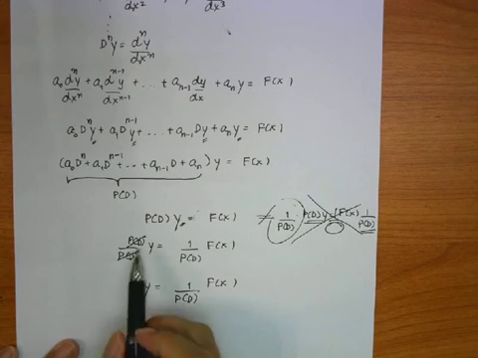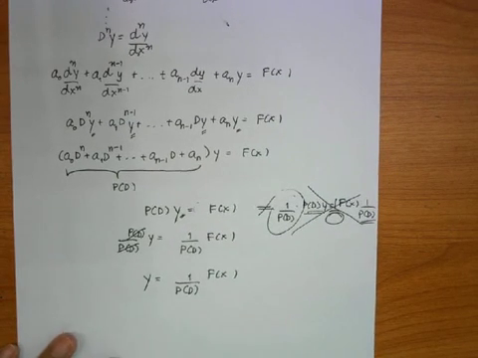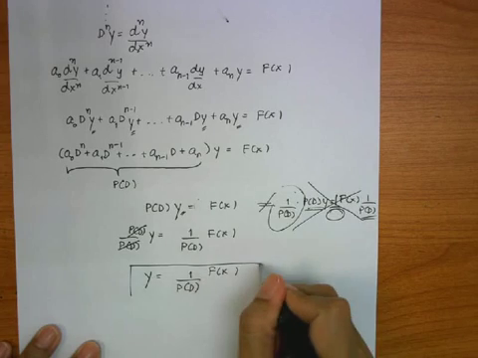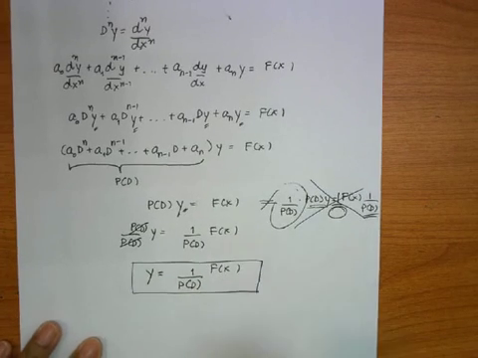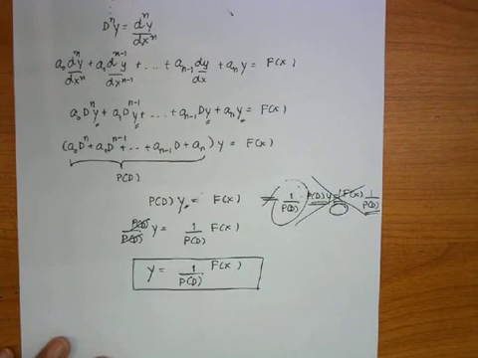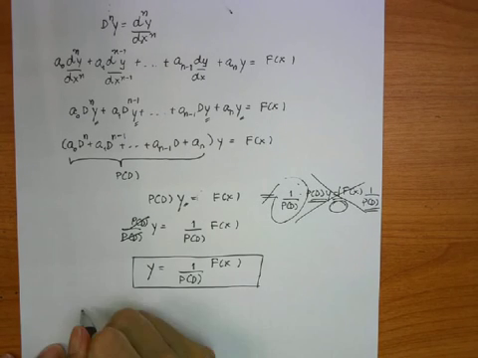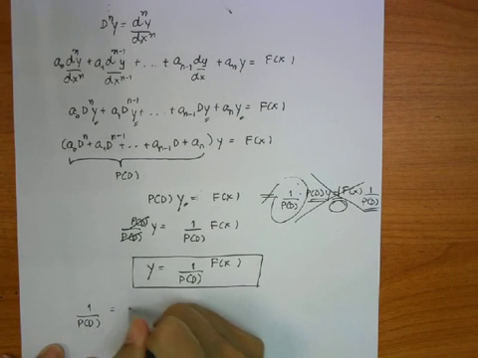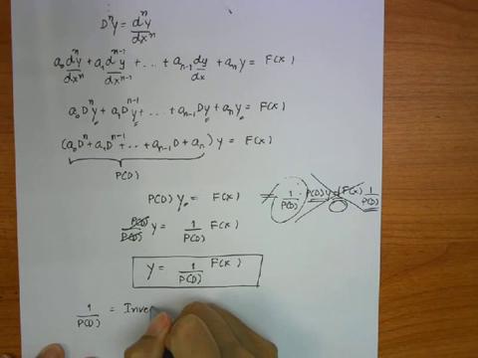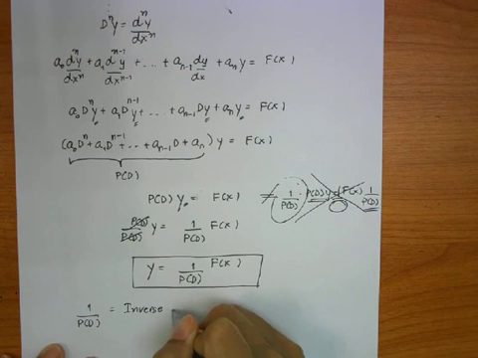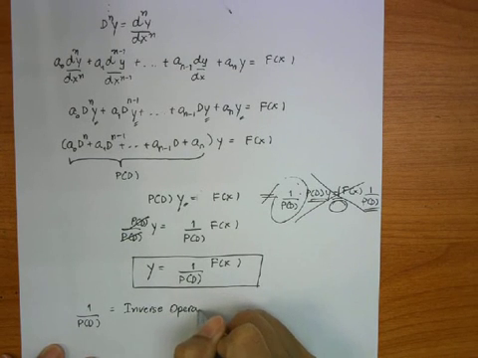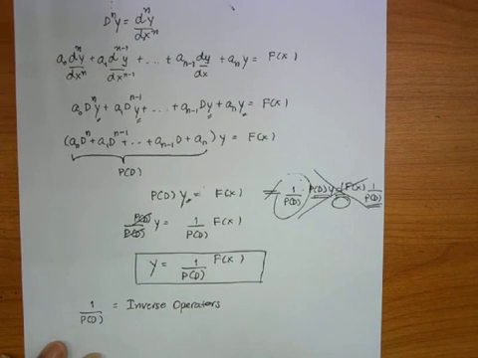It's got to be this way. That is the way we use to find y, and we call 1 over P(D) the inverse operator.